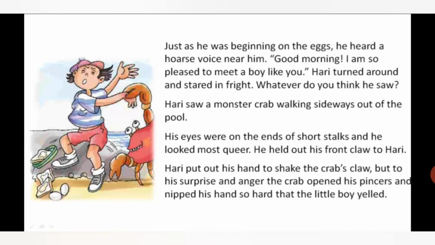The crab opened his pincers. Okay, what pincers? I showed you the pictures of pincers. Pincers means gripping tools. And he nipped his hand so hard that the little boy yelled. He pinched his hand so hard that the little boy Hari shouted in pain. He yelled in pain. Right?